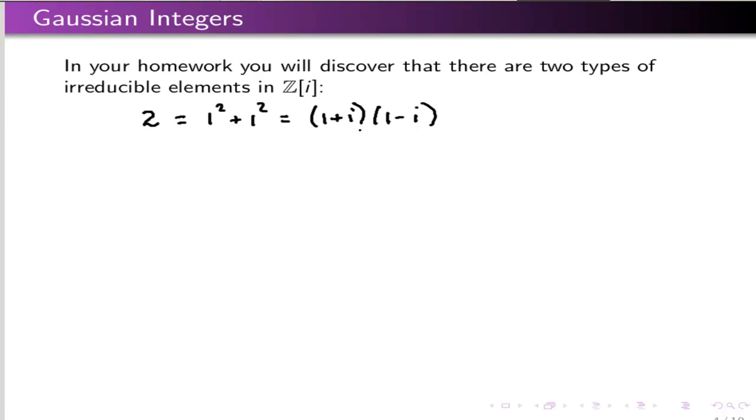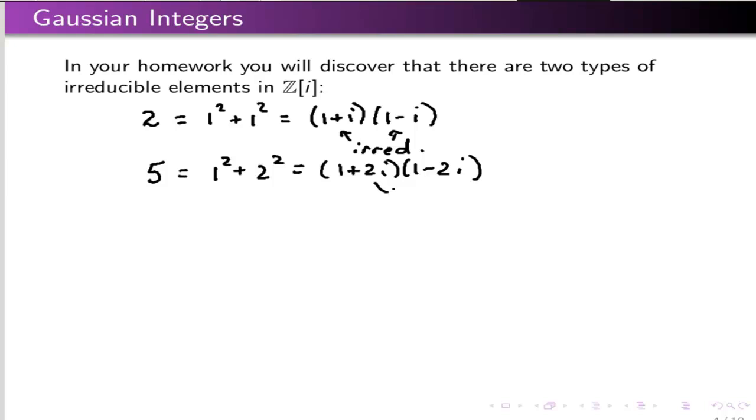And each of these are irreducible. So you'll do this in your homework. You could take the prime 5 and write it as 1 squared plus 2 squared. And so that would be 1 plus 2i times 1 minus 2i. And each of these factors is an irreducible element in the Gaussian integers.